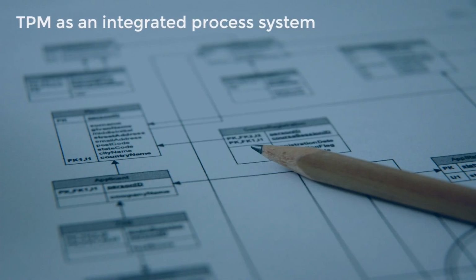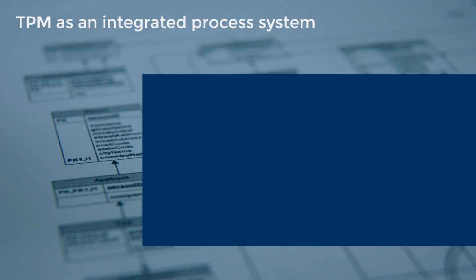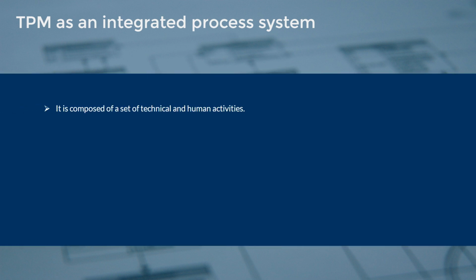Based on the above definitions, I then propose the concept of TPM as an integrated system of processes. For this, I first consider that TPM is composed of two different sets of activities: technical activities and human activities. Each of these sets of activities I assume as processes, as they use input variables called 4Ms plus 1H, or materials, labor, machinery, methods and time, which are transformed to produce results of two types, tangible or intangible.